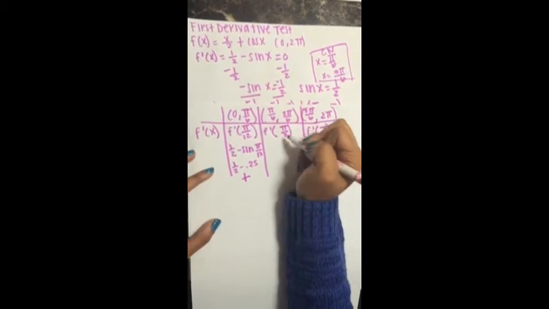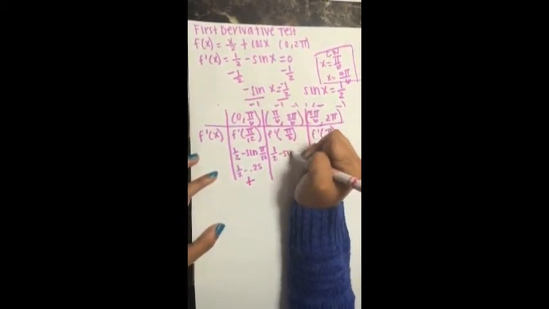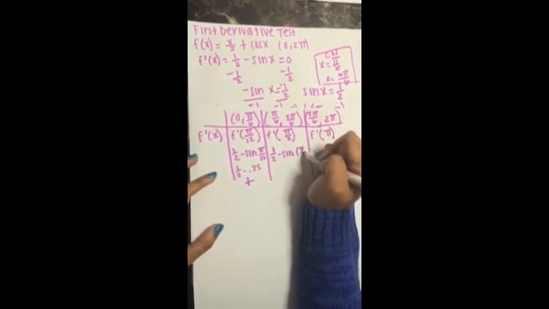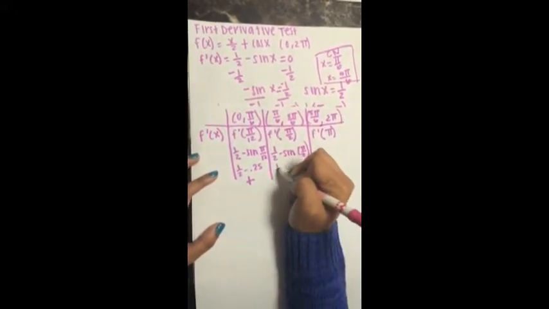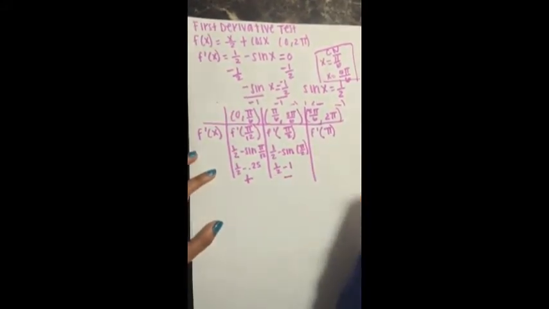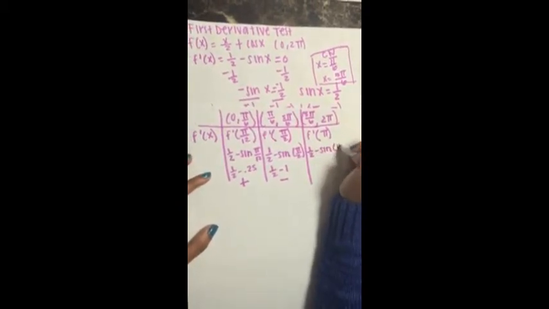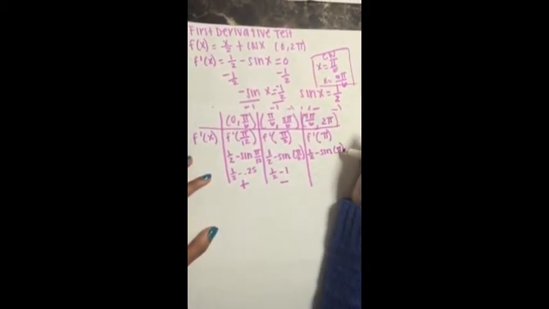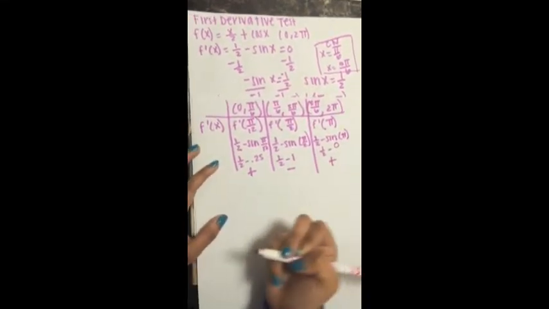And then if we plug in pi over 2, we would have 1/2 minus sine of pi over 2. And sine of pi over 2 is 1, but we have a negative, so it would be 1/2 minus 1, which would give us a negative number. And then we have 1/2 minus sine of pi, and the sine of pi would be 0. So we'd have 1/2 minus 0, which would give us a positive number.